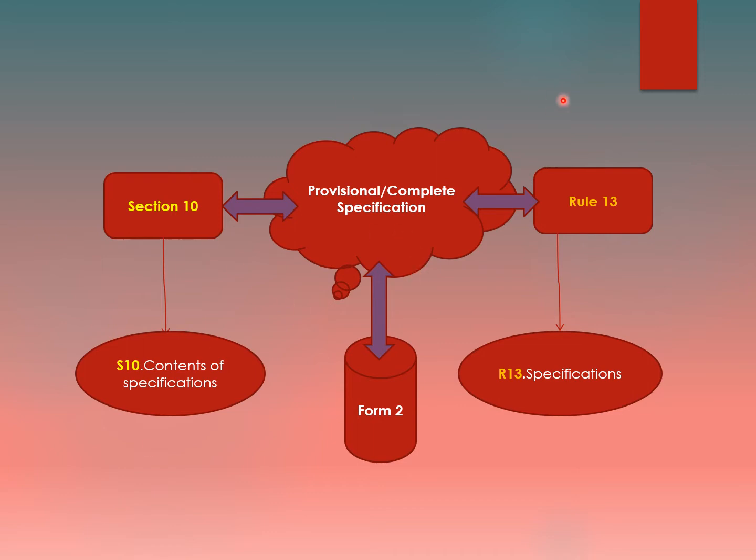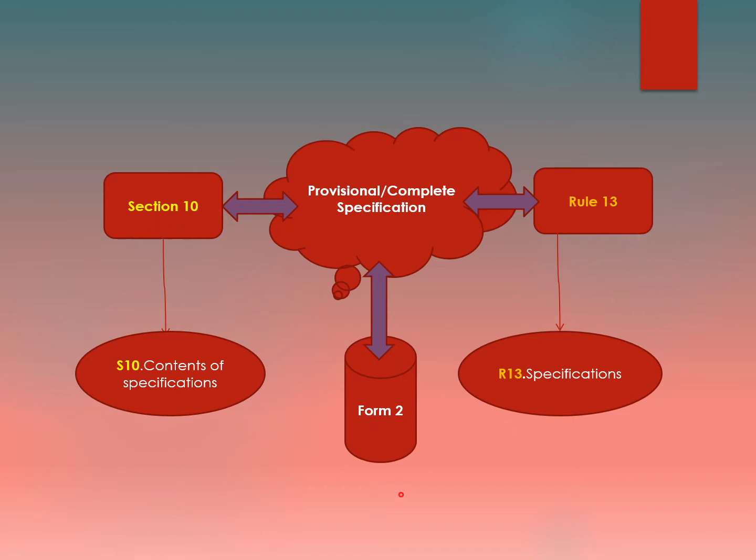Actually, this slide is not new for you because we have already discussed a number of slides like this in my first lecture, lecture 1, where I have tried to establish a relationship between the sections, rules and forms. So this slide is one of them, and this slide focuses on form 2 with a linkage between section 10 and rule 13.